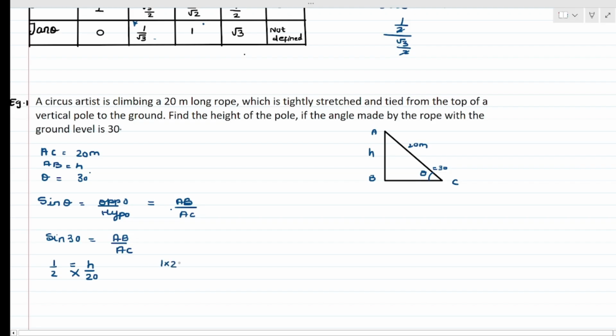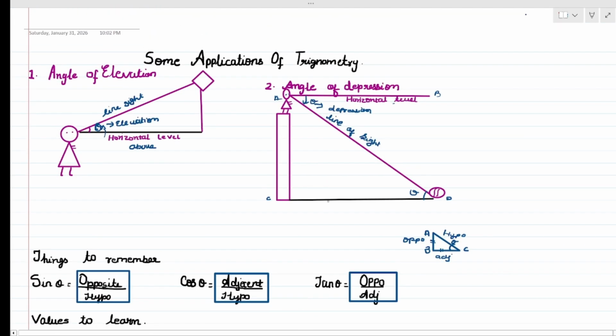So 1 multiplied by 20 gives 20 upon 2 is equal to H. 2 tens are 20, so I got 10 meters is equal to H. What is my H? My H is the height. Therefore, the height of the vertical pole is 10 meters. Clear?